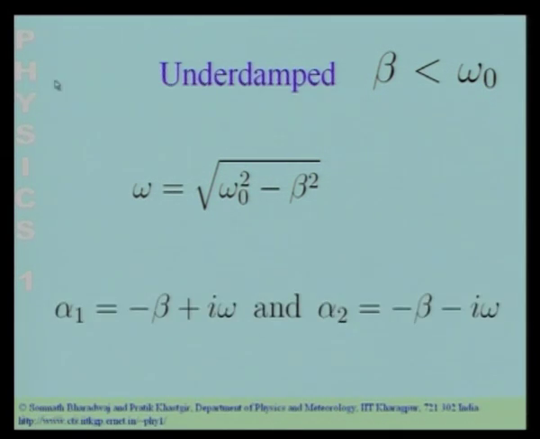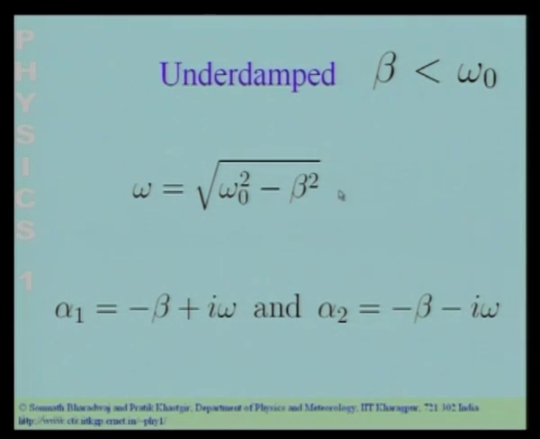Now, the consequence of introducing damping is that it changes the frequency at which the oscillator oscillates. If you introduce damping, notice that the angular frequency for the damped oscillator is smaller than the angular frequency for the undamped oscillator. Further, the more the damping, the larger the difference between the damped and the undamped oscillator.